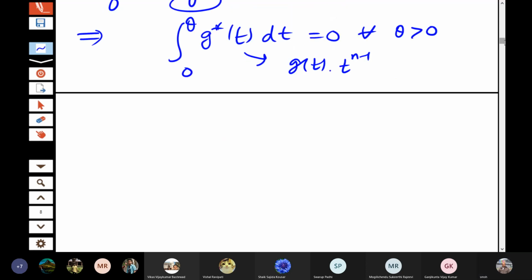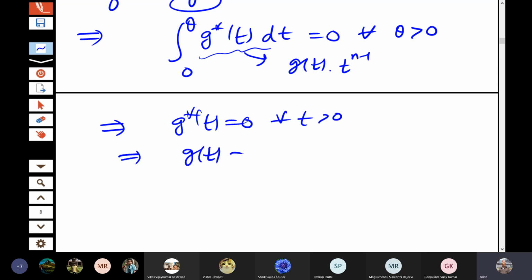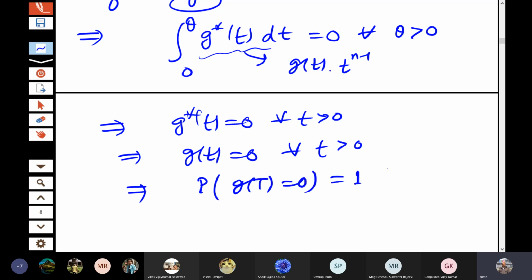So if over every interval 0 to theta the integral of g star t is 0, that means the function itself must be 0, which means that g(t) must be 0. That means probability that g(t) is equal to 0 is 1 for all theta. So here T equal to X(n) is complete.